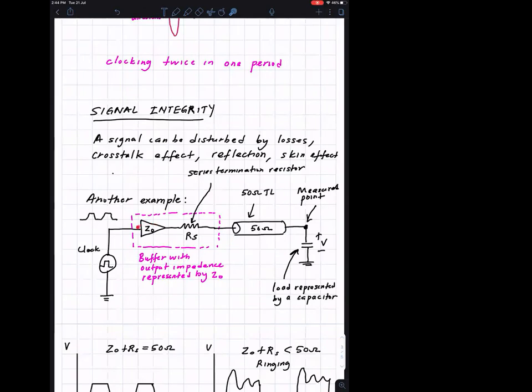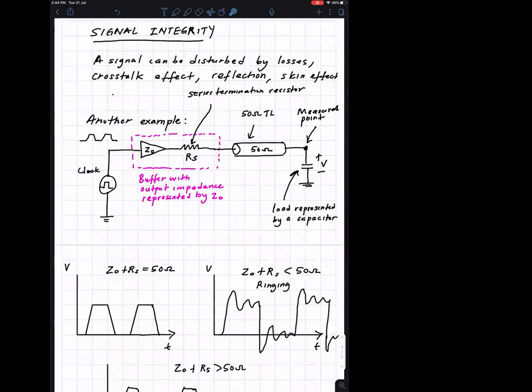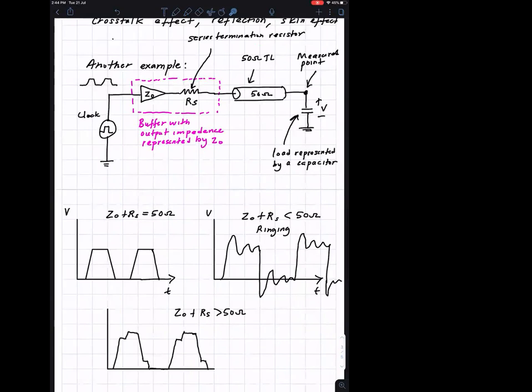So this is the clock's amplifier or buffer. If the amplifier alone may be mismatched to the transmission line, then what do you do? You put a resistor in series. Then you can play with the value of the resistor to get it matched, to make it 50 ohms.